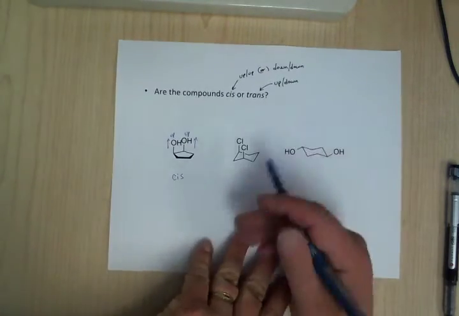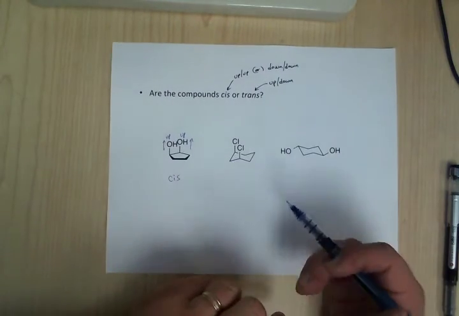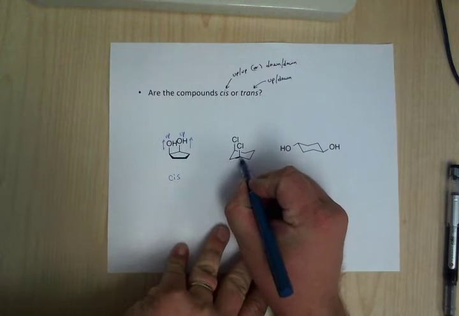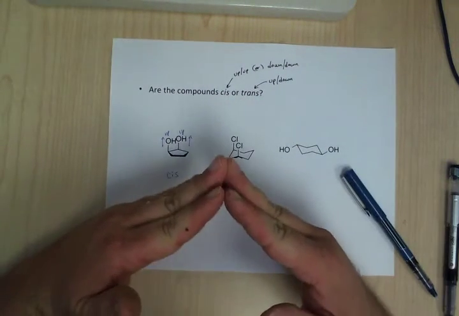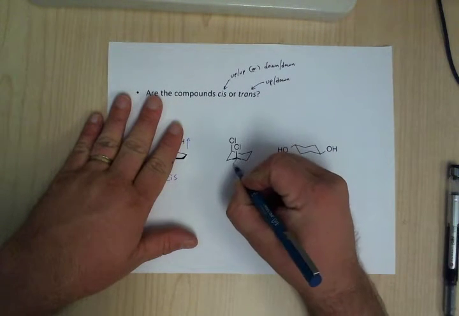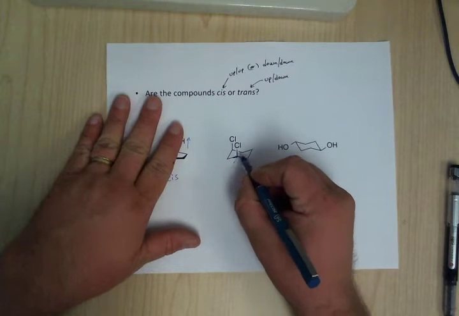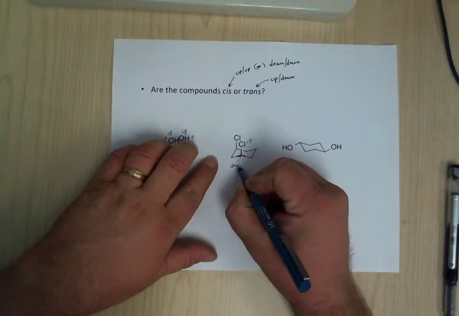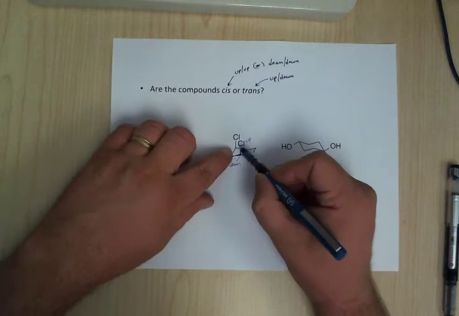Okay, so here we go. Remember on the cyclohexane, we always have an up and a down. So for this chlorine, the bonds are pointed up. The carbon-carbon bond's pointing up, so that means the axial is up. So that means the equatorial is down. Same goes with this one.